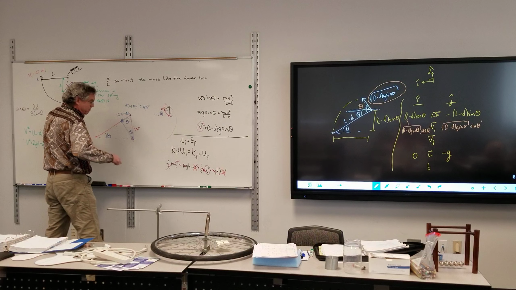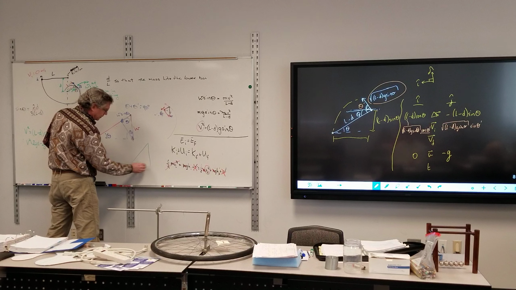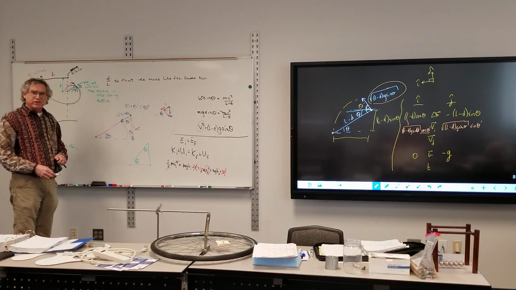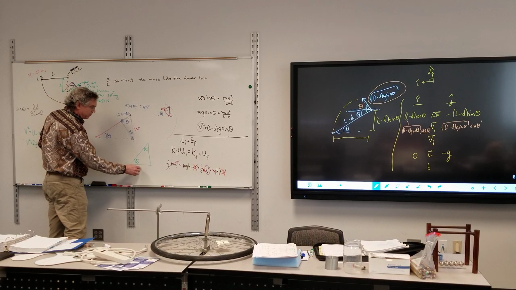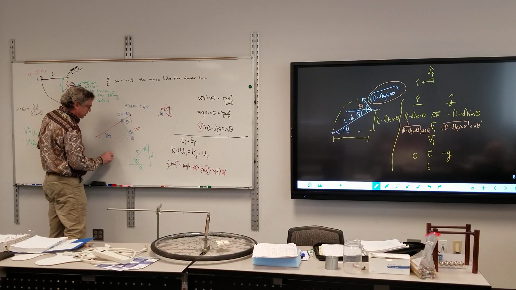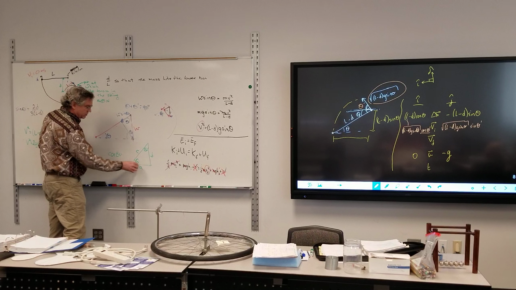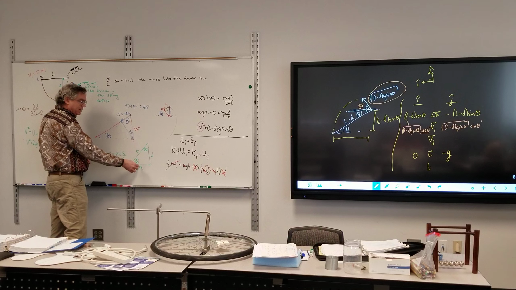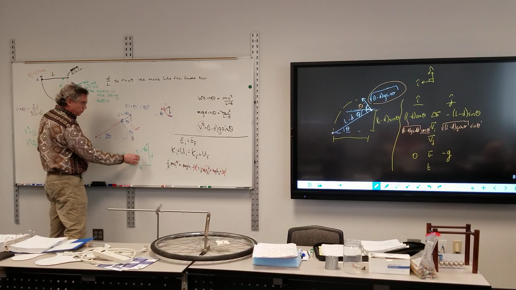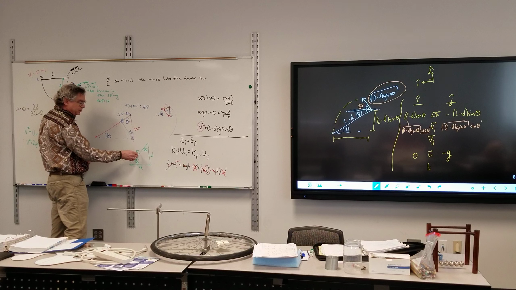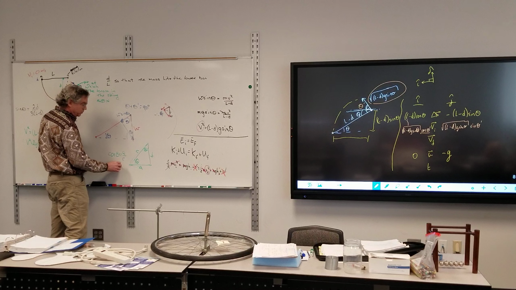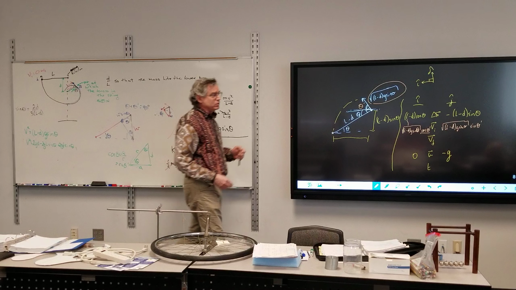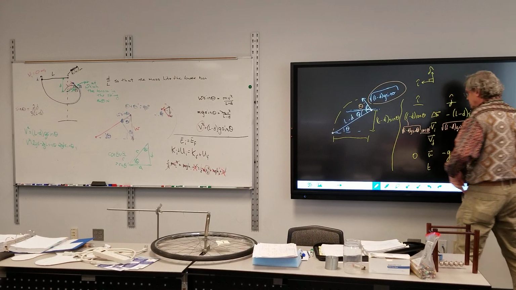If I take a right triangle here, and that angle is theta, and that angle is theta prime, the cosine of theta is the adjacent side over the hypotenuse, A over C. For theta prime, A is the opposite, so A over C is the sine of theta prime. If you're dealing with complementary angles, the trig function just switches.